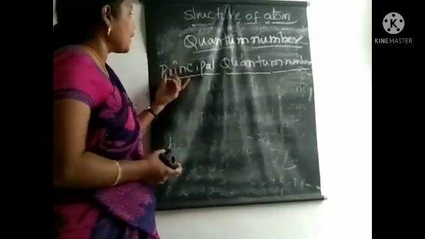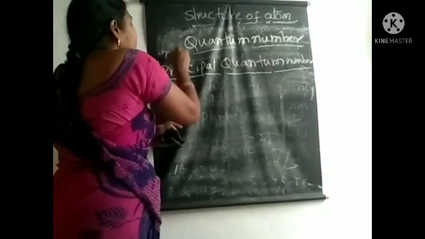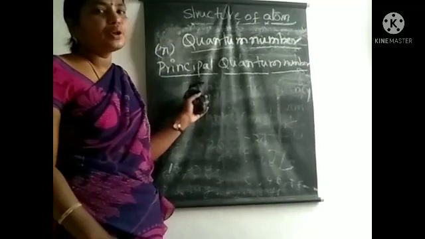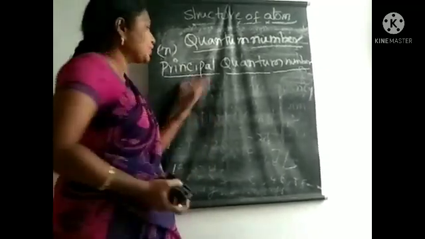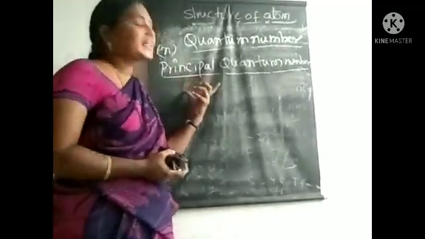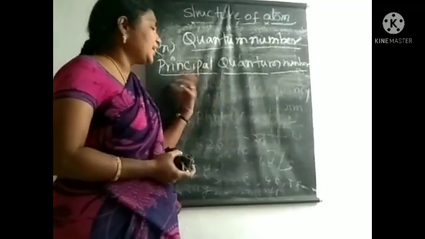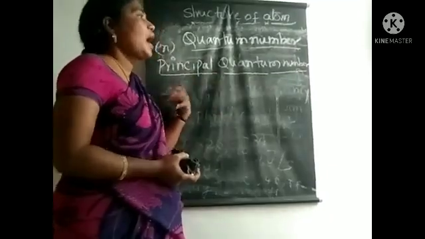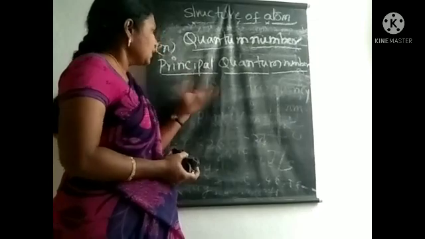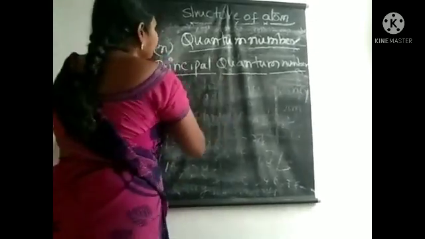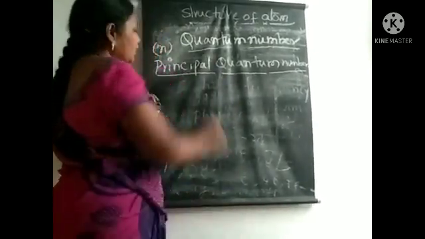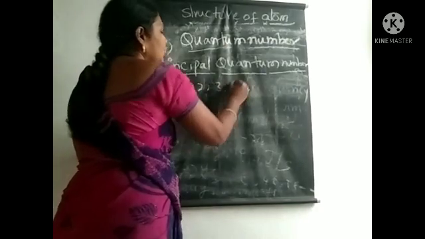Principal quantum number, denoted by n. It describes the size and shell of the atom or electron. It starts with 1, 2, 3, 4.